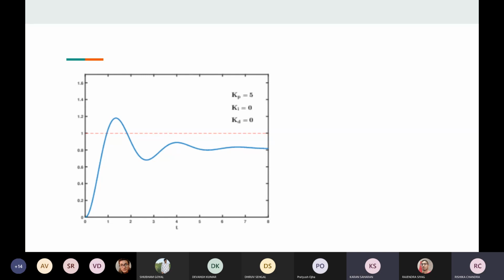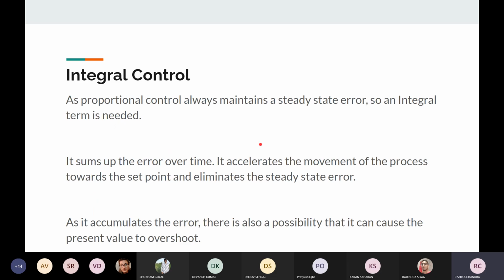So as you can see, this proportional controller always maintains some steady state error. To remove this, we use an integral controller too. What do you mean by integration? Summing up, right?